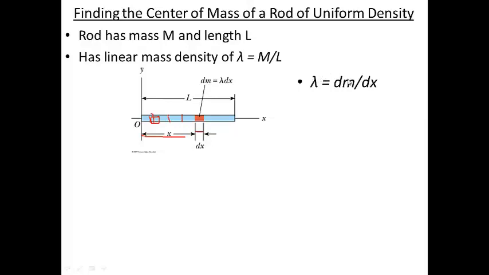And we know that the linear mass density will be equal to dm over dx because it's M over L. So just a little bit of mass divided by a little bit of length will equal the linear mass density. And we know it has a uniform density, so this should hold all across this rod. If we rearrange what I have here just a little bit, you'll get that dm is equal to lambda times dx.